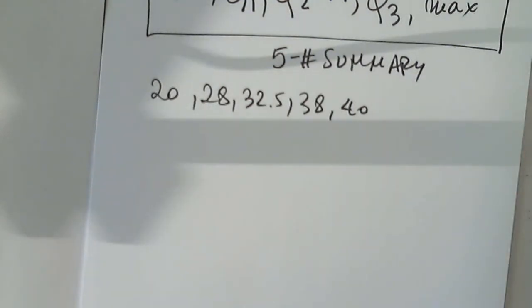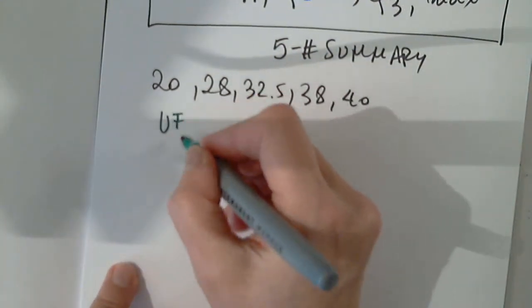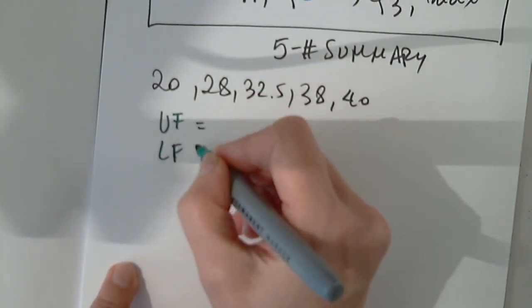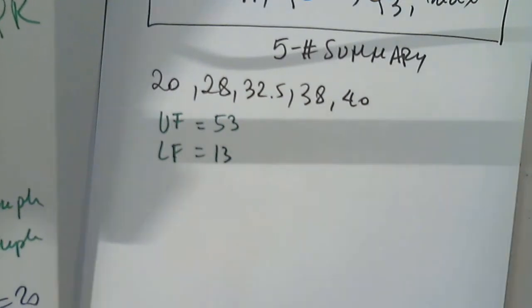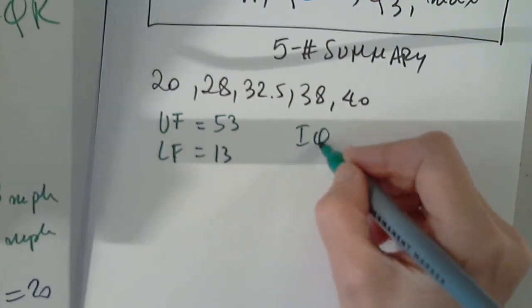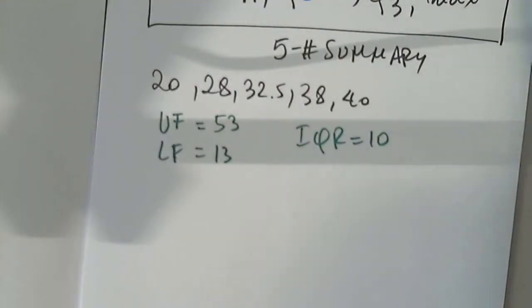Okay, good. I'm also going to copy the upper fence and the lower fence. We had 53 for the upper, and 13 for the lower. And the interquartile range, so I have them all in front of me, was 10. Okay, perfect.